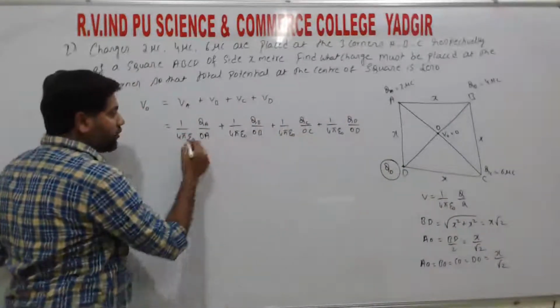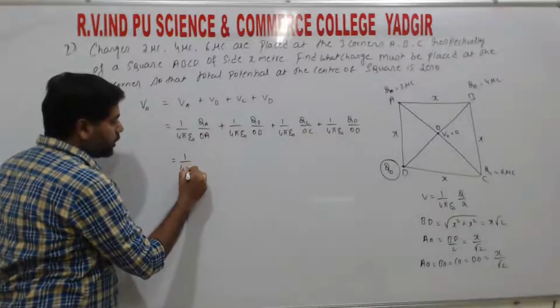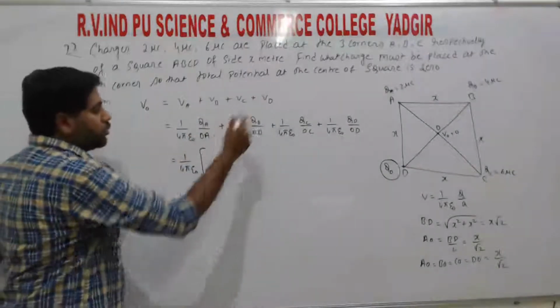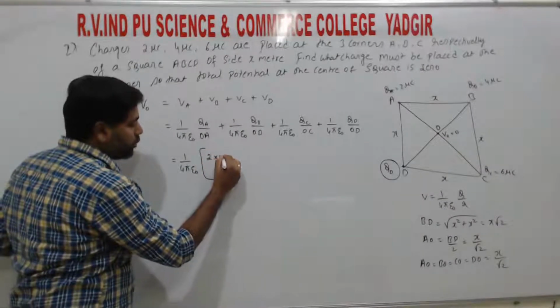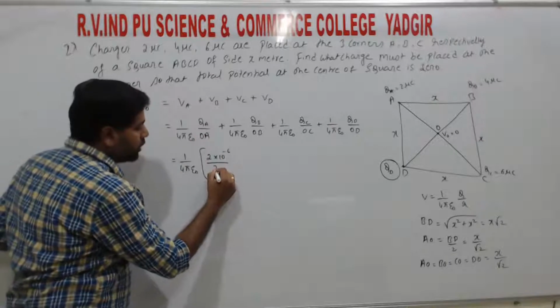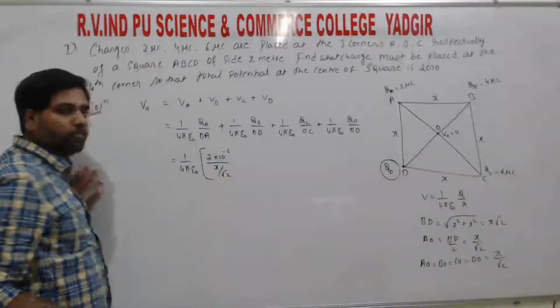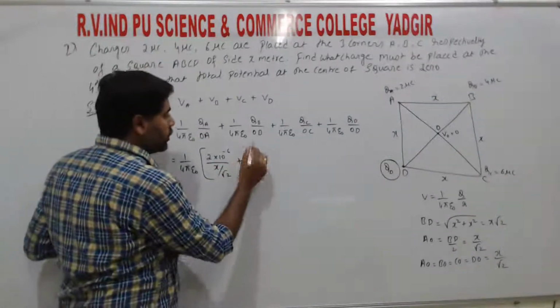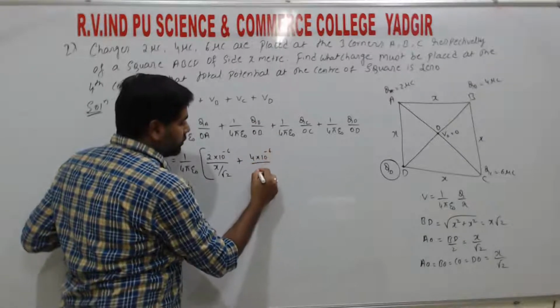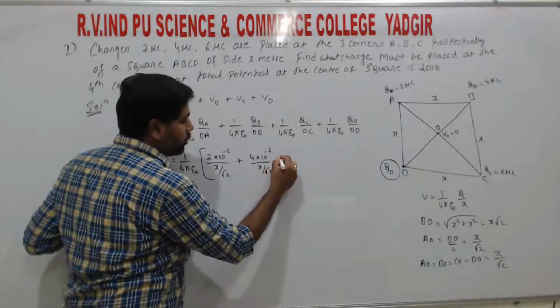In all these equations 1 by 4 pi epsilon naught is common. So QA, 2 microcoulomb, that is 2 into 10 to the power of minus 6, divided by the distance OA, which is x by root 2, plus QB, 4 into 10 to the power of minus 6, by x by root 2.